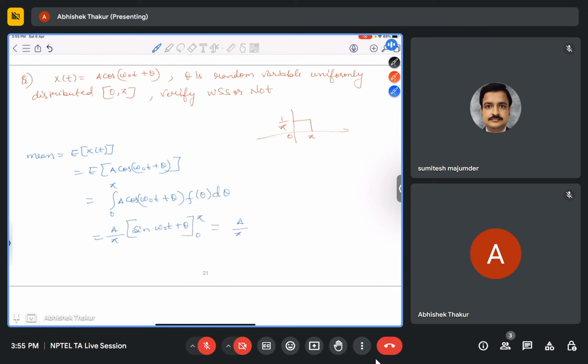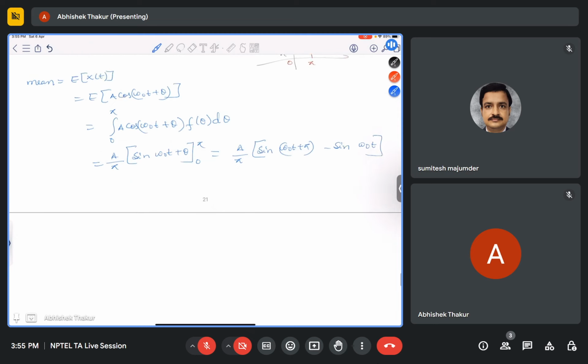So we will keep A/π times [sin(ω₀t + π) minus sin(ω₀t)]. Sin(ω₀t + π) will become minus sin(ω₀t). This will again become minus sin(ω₀t). So the mean is equal to minus 2A/π sin(ω₀t).